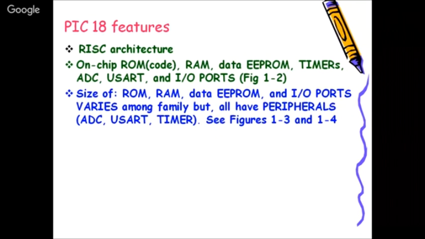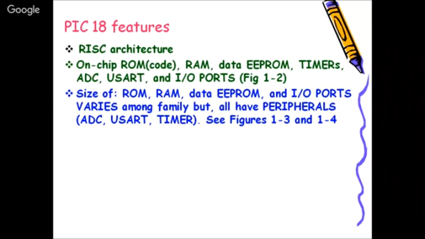So PIC 18 also you don't have complete 4K available for all the series, but in general I am saying that is the maximum you can have. Some family will have some number of banks available, 2 banks or 3 banks, not all the 16 banks, but the total maximum you can have is 16 banks.